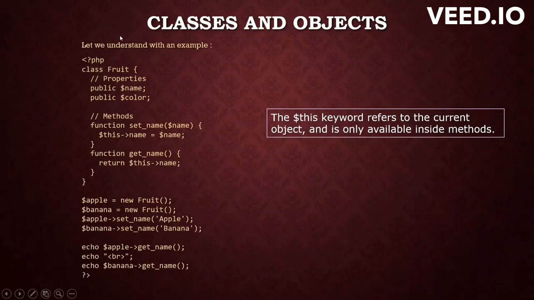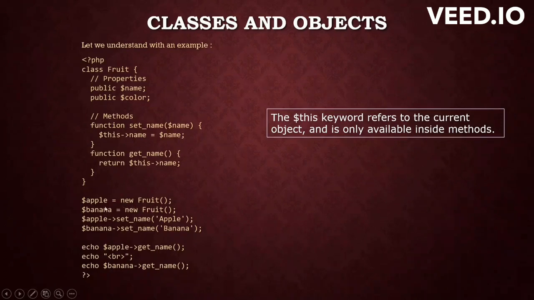So here we created a method called setName which accepts the name when called on an object outside of the class, and the next method is getName which returns this name. So here we make an apple. Apple is nothing but an object. An object is created by the new keyword and by using the class name.